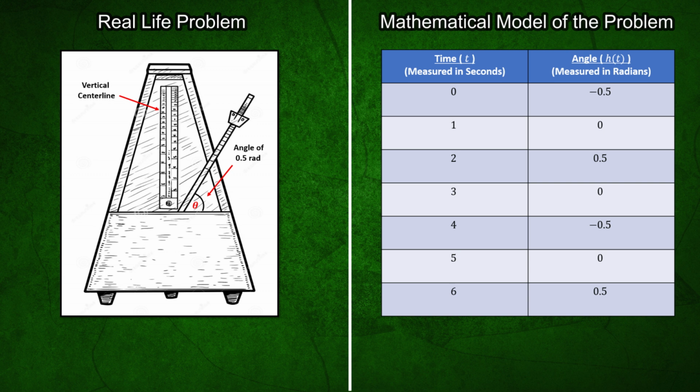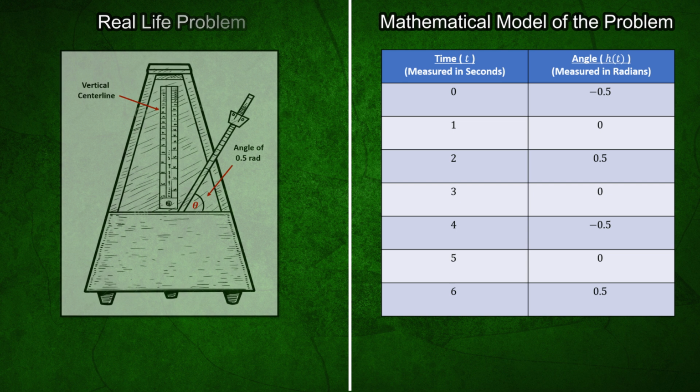Minus 0.5 rad means that the pendulum is farthest to the left of the vertical center line, and 0.5 rad means that the pendulum is farthest to the right of the vertical center line of the metronome.